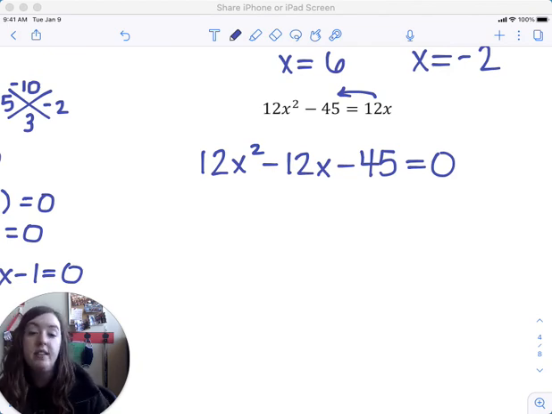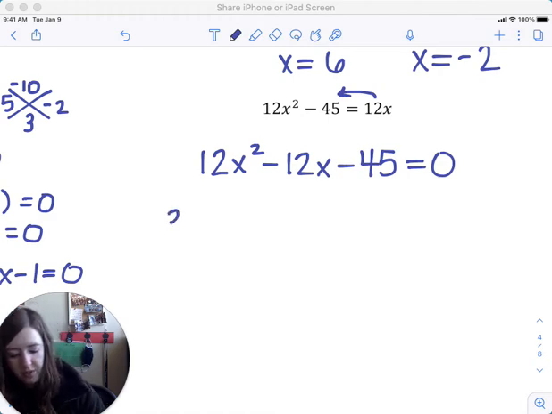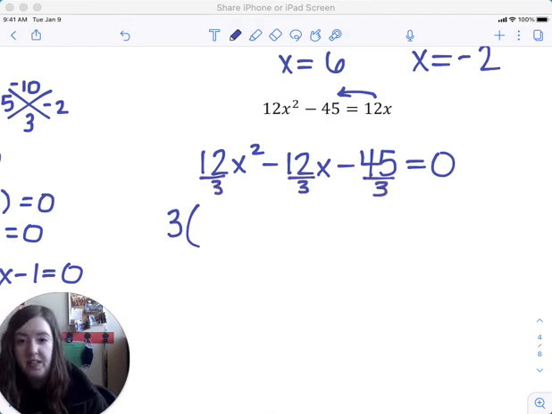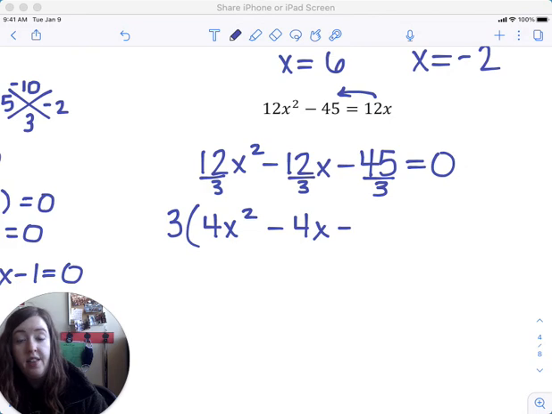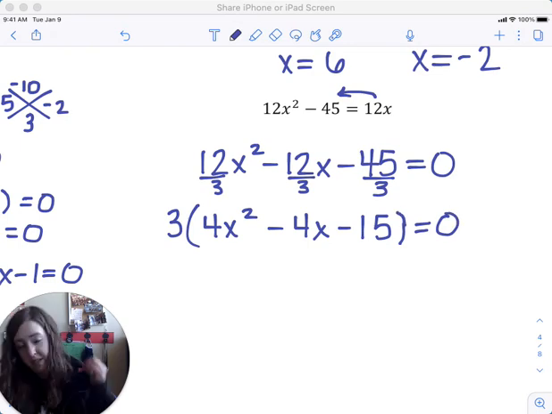Do we have a greatest common factor with 12x squared, 12x, and 45? Yeah, 3 goes into all of those. So when we divide each of these terms by 3, we'll find out what goes inside of the parentheses. 12x squared divided by 3 is 4x squared, minus 12x divided by 3 is 4x, minus, and then 45 divided by 3 is 15, equals 0.